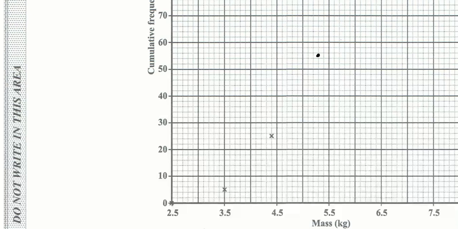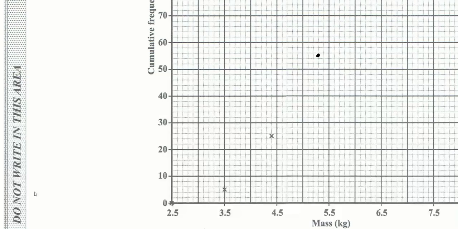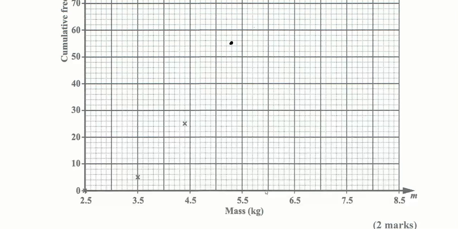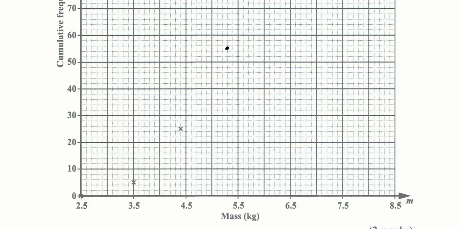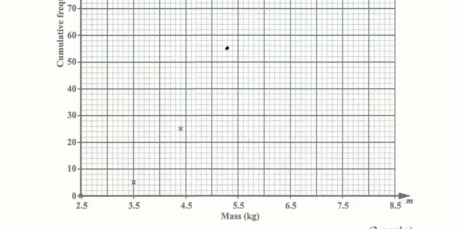The next cumulative frequency is 6.2, which is 84. Here's 6.0, then 6.1 and 6.2. We know 6.2 is 84.